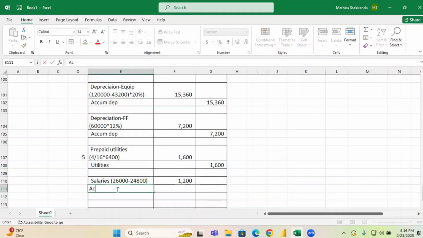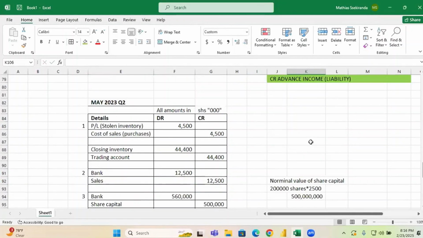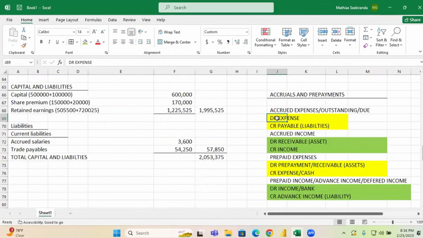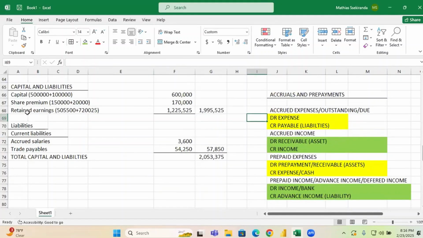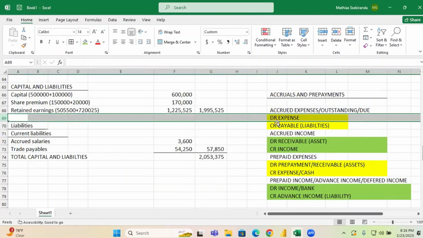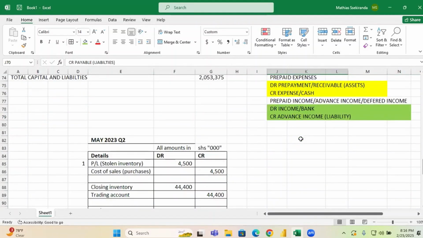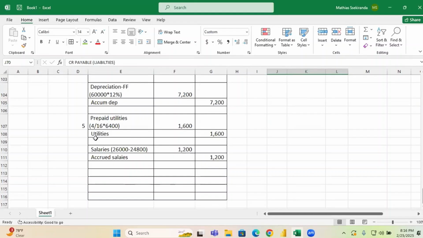So you credit accrued salaries, or what we refer to as outstanding salaries, which is a liability. Debit the expense, which we have done. We have debited salaries, and we have credited accrued expenses or salaries payable.